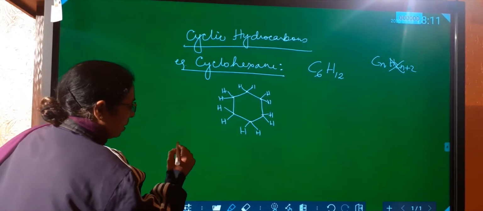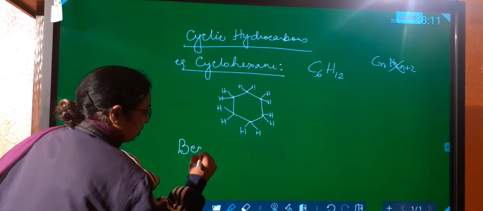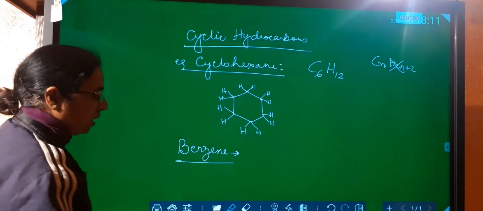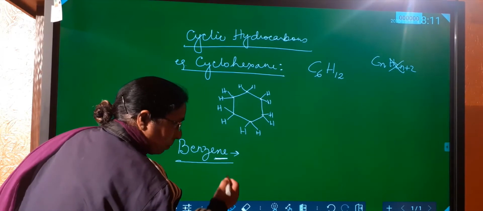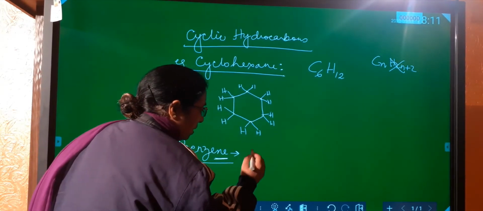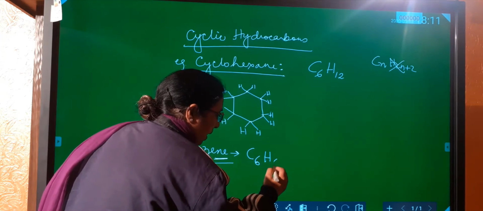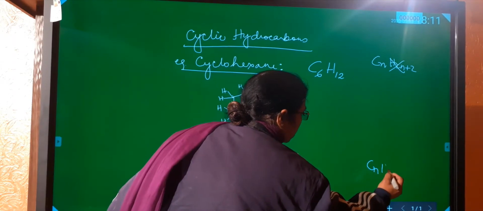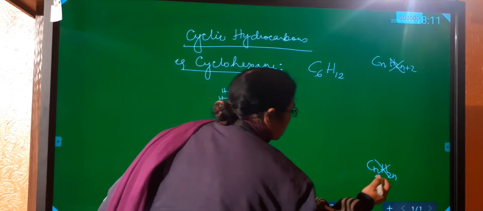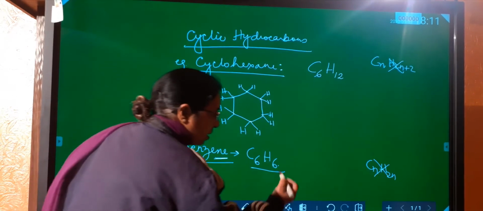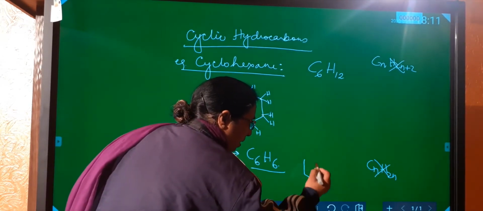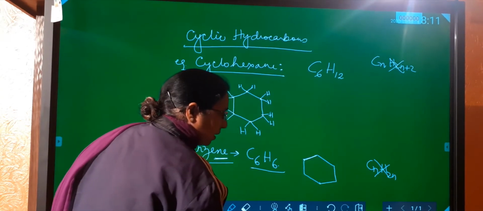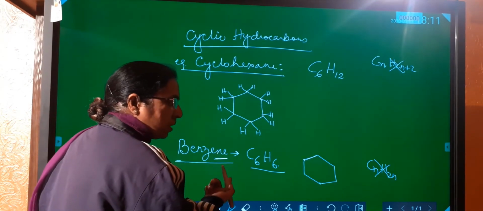Alright, then another important compound which we will call benzene. Now this is an ene, double bond. So over here, benzene is C6H6. Again, as you can see, this will not obey the formula CnH2n. This formula is not obeyed over here. For benzene, it is again a six-membered ring. Remember, six-membered ring, because benzene is a very important compound.